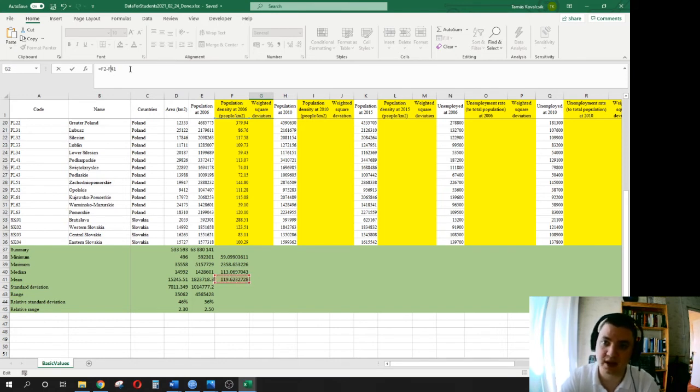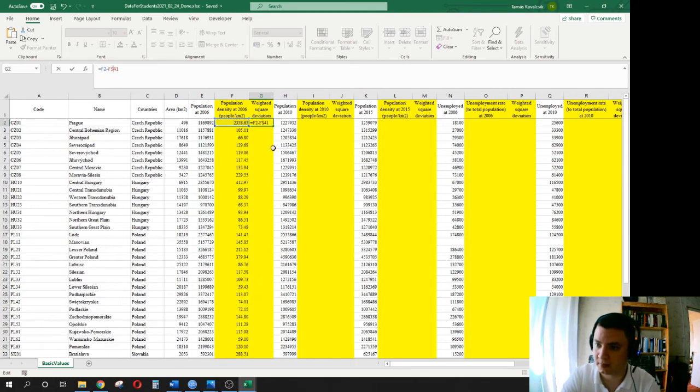But we have to fix it, because if you just grab it for all of the regions, the average is in the same cell.